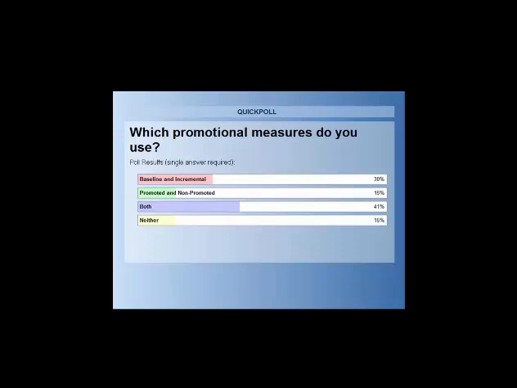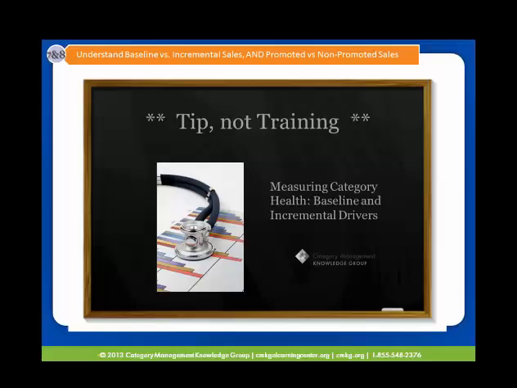We have a fabulous course called Measuring Category Health, Baseline and Incremental Drivers. I think I successfully am sharing my screen again this time rather than turning it off. So again, this one is a tip, more than being able to provide some training in this short time on these particular measures. What's really great about this course, for those of you who said neither or who shared comments that you don't have access to baseline and incremental, is that this course in particular, and a lot of our courses, really breaks things down to the fundamental way that you can take the strategic approach with the data that you have in your business.